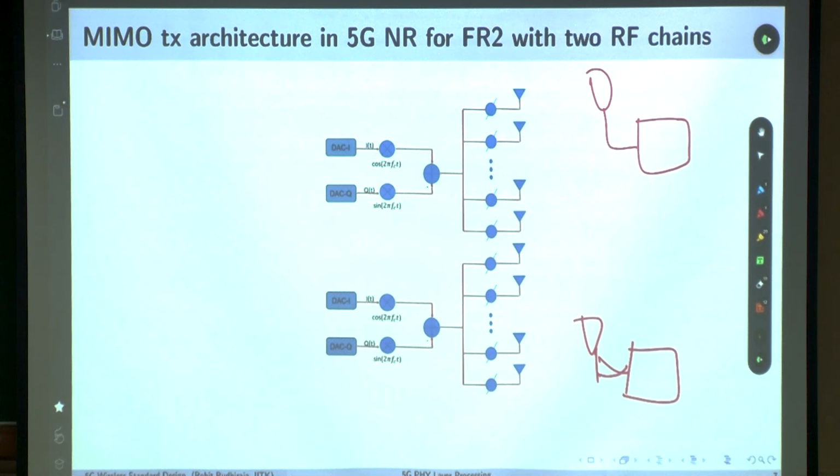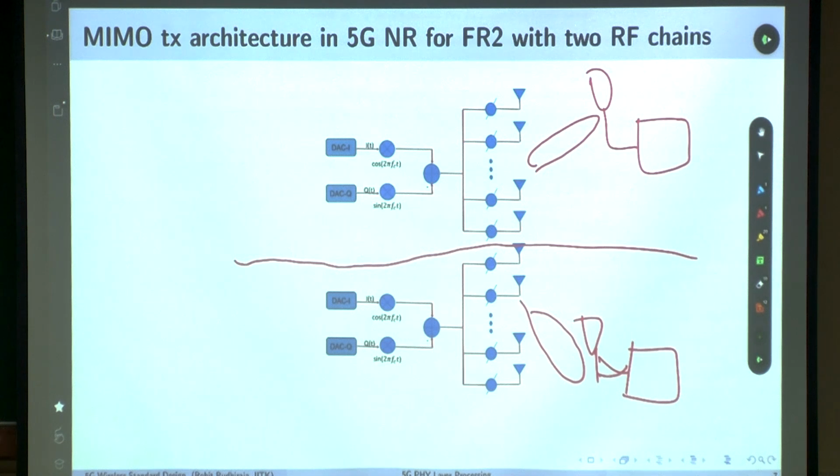Of course, they have multiple antennas. Now what was the limitation earlier? That we could serve only one user in the entire 400 megahertz band, right? Okay. So if I do this kind of architecture, I serve one user with a pencil beam here, right, and another user with a pencil beam here, correct.